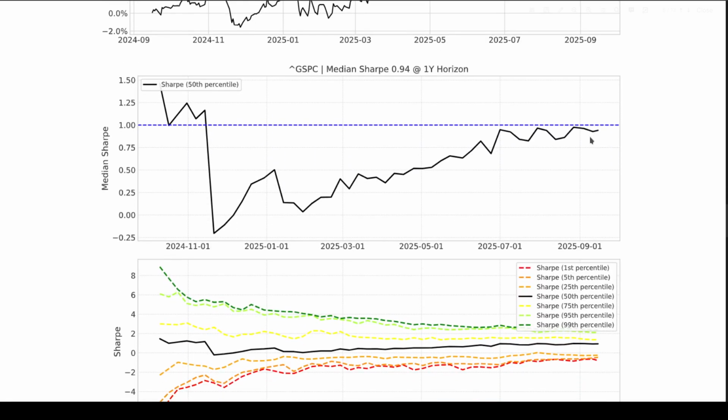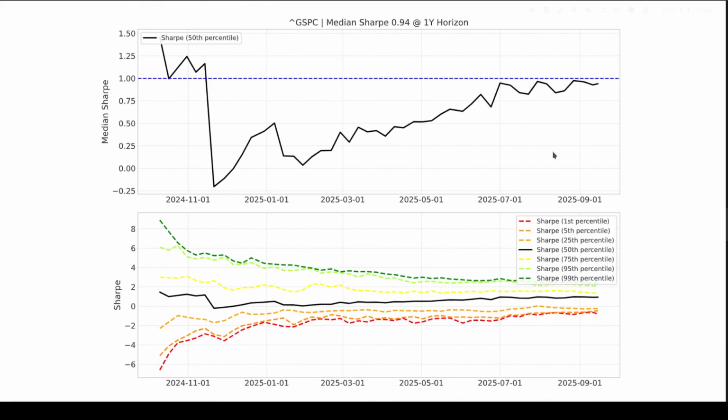In terms of your Sharpe, what Sharpe can you expect on any of these horizons? Initially, you have a Sharpe that's basically negative, it's falling, and then over time it pulls up to near your median Sharpe, like a 0.994.